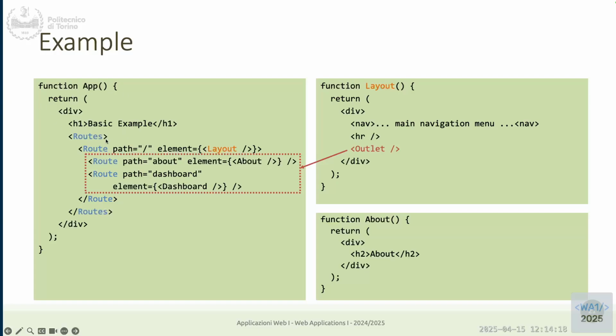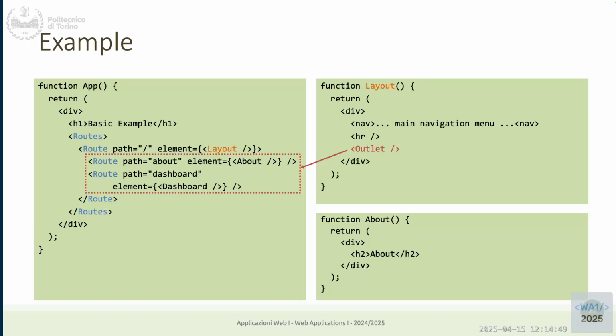Okay, we have one possibility which is slash about, that will render layout and about, or slash dashboard, that will render layout and dashboard. But how do, for example, layout and dashboard, that are two different components, combine together? I don't want to render layout first and dashboard then.